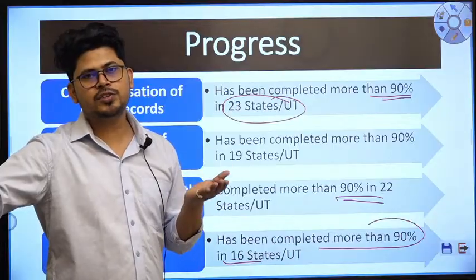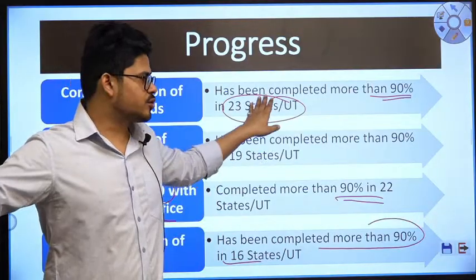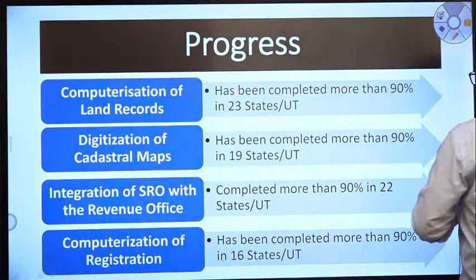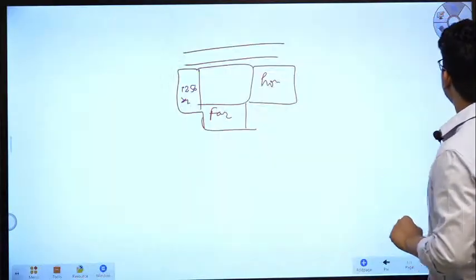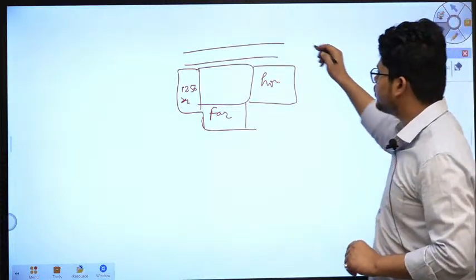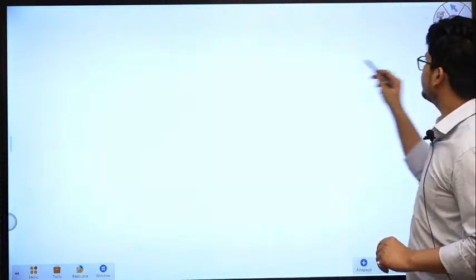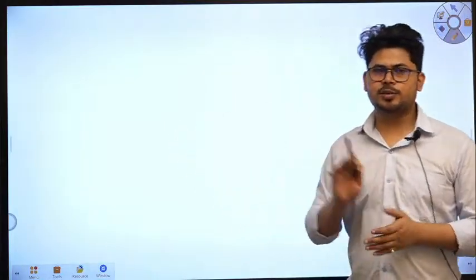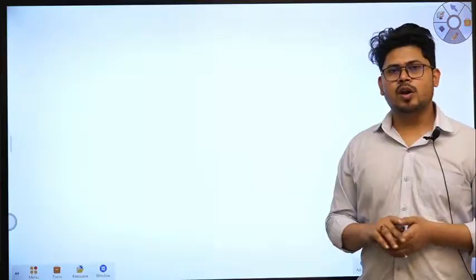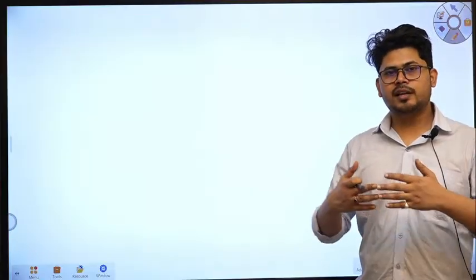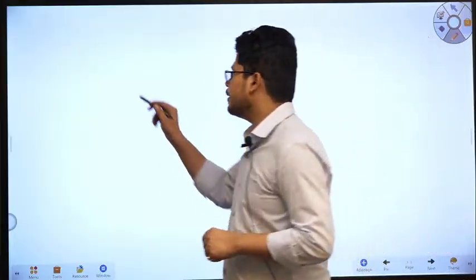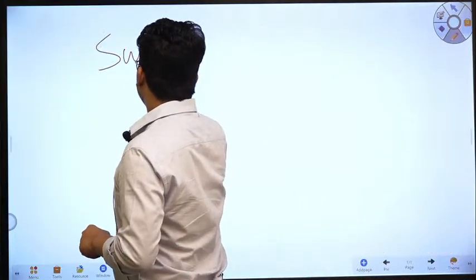Now there is a difference between the Swamitva scheme and this one, and we will look at it briefly. This digital land record modernization program deals with land records or property that is basically agricultural land, whereas the Swamitva scheme, okay.